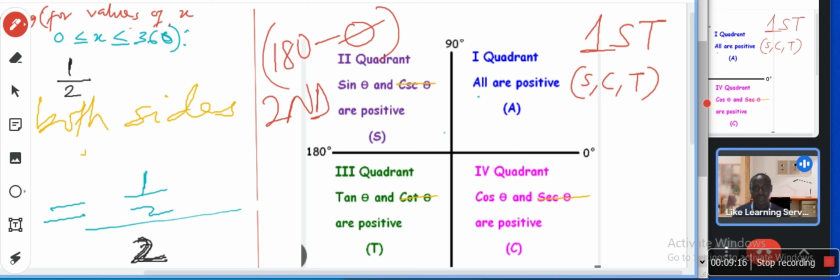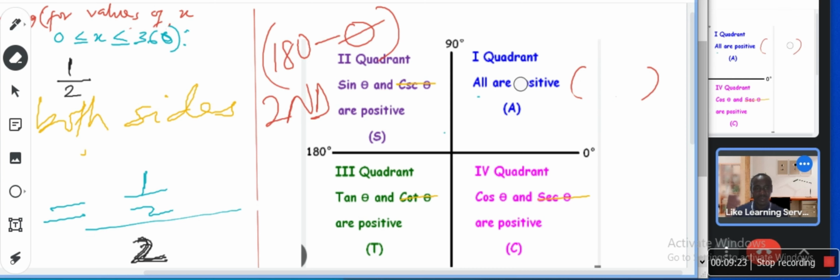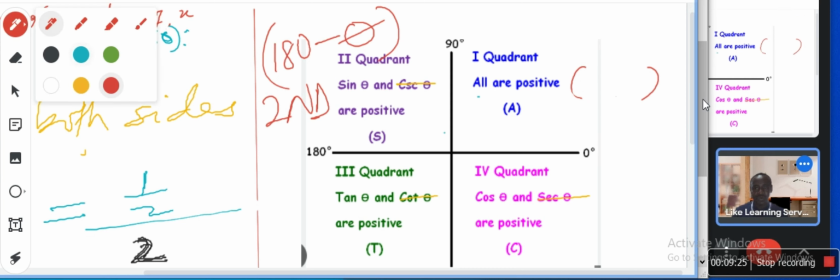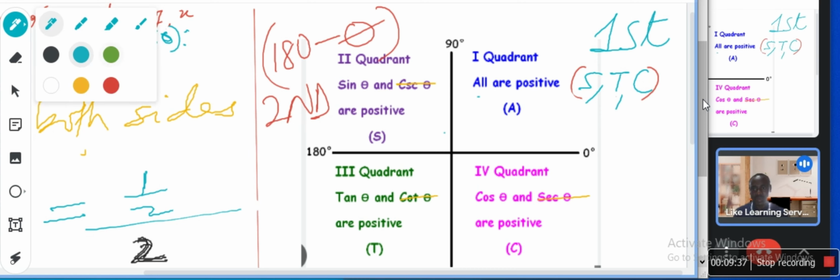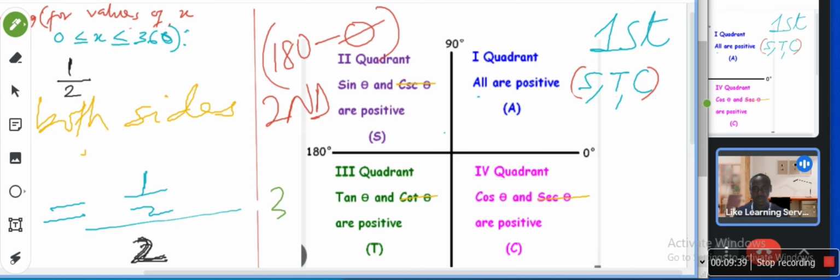When you go to the third quadrant, I think I can use a different color. Let me write this with a blue. S, tangent, and cosine, and all of them, which is the first quadrant. Now for the third quadrant, which I will write in green, this is what you do.